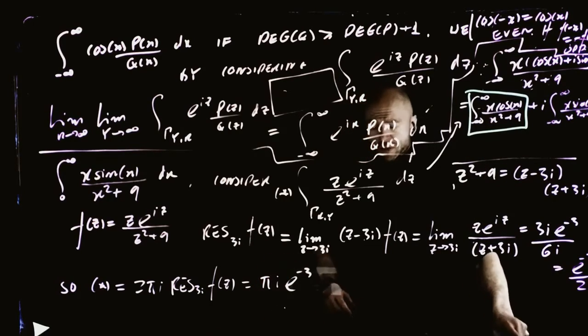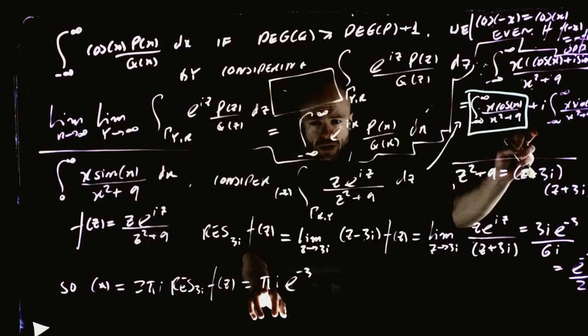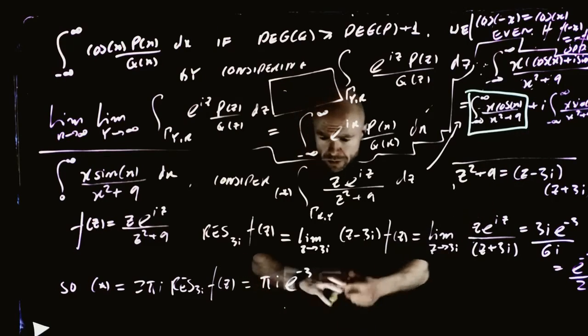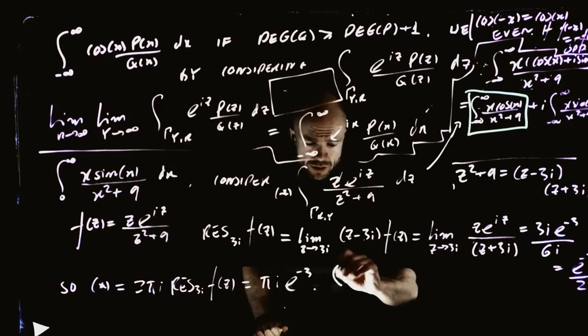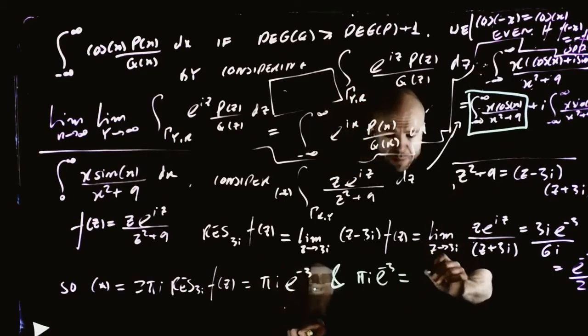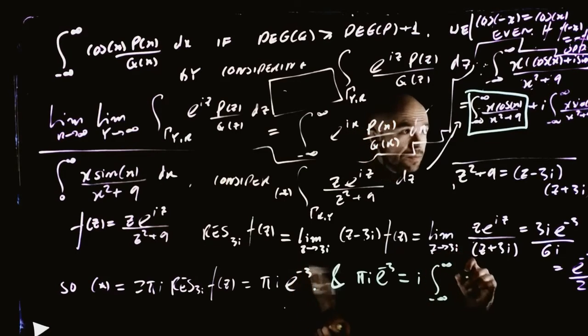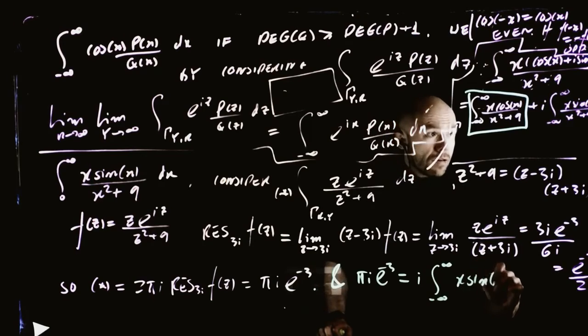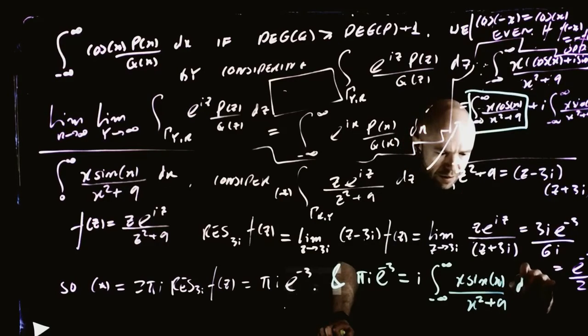All right, cool. So far we're happy because this is consistent with what we see when we expand out the integral we're trying to calculate. And as a consequence of this calculation, pi i e to the minus 3 should be equal to the sine part, the integral from minus infinity to infinity of x sine of x over x squared plus 9 dx.